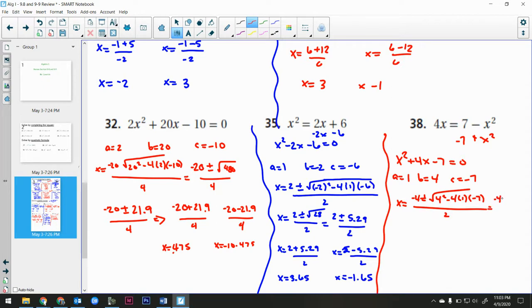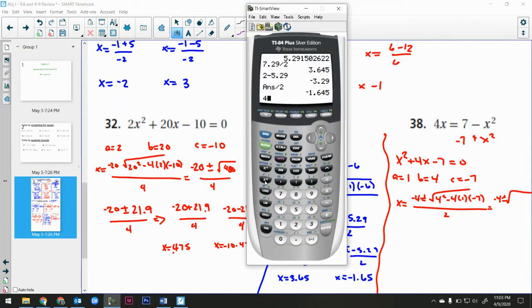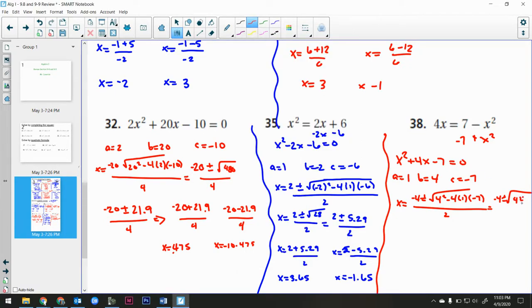So negative 4 plus or minus the square root of, now let's see what this is. Got 4 squared minus 4 times 1 times negative 7. Gives me 44, all divided by 2.